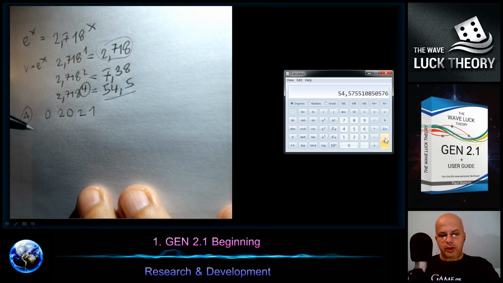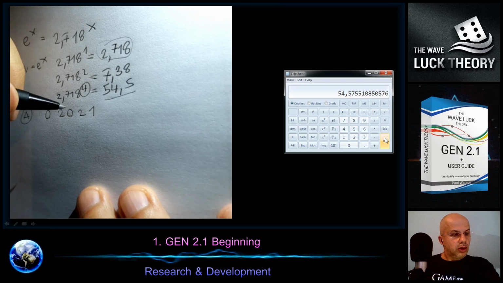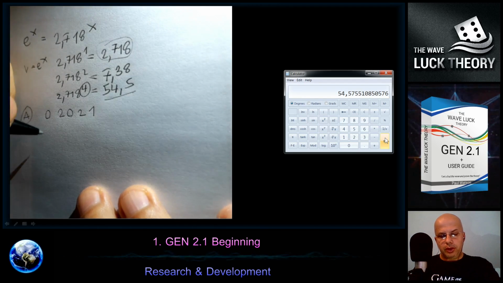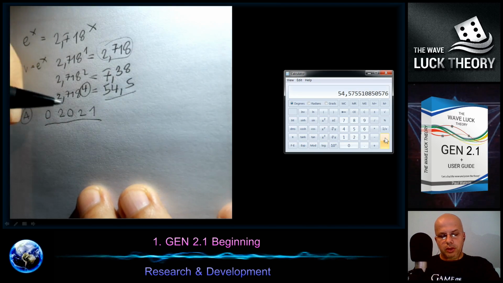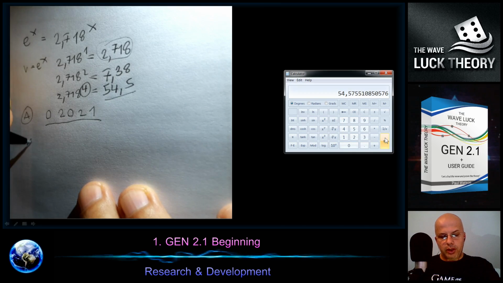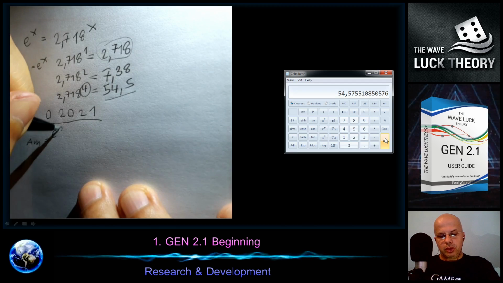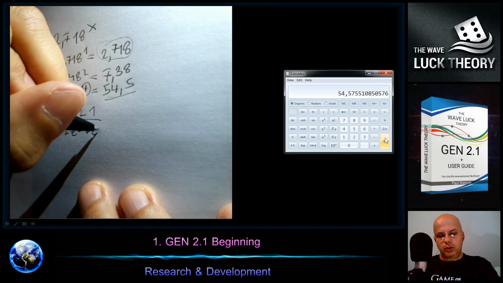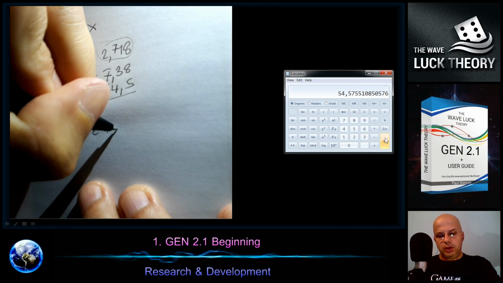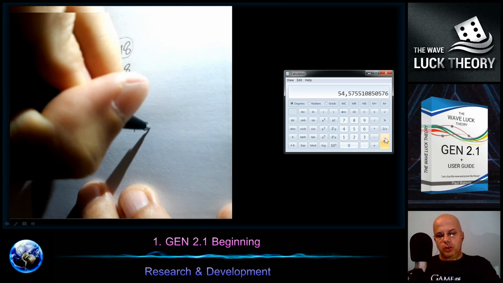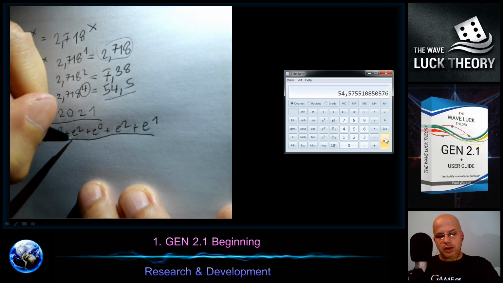And if I write it, e to the 0 is equal, so I can write it completely, so AM is equal to e to the 0 plus e to the 2 plus e to the 0 plus e to the 2 plus e to the 1 divided by 5.